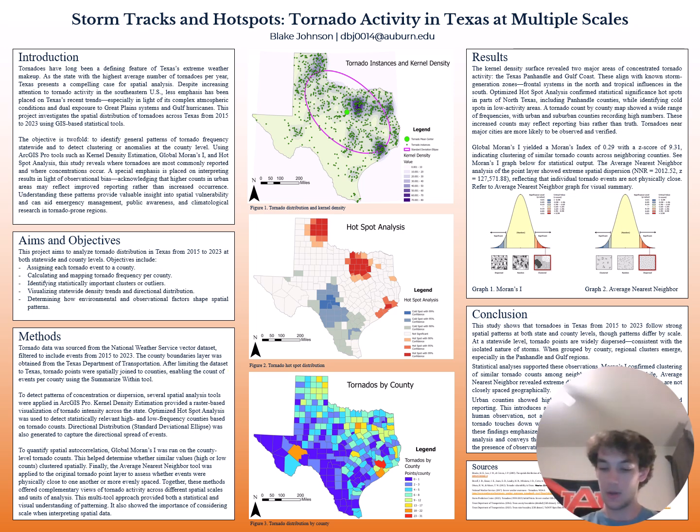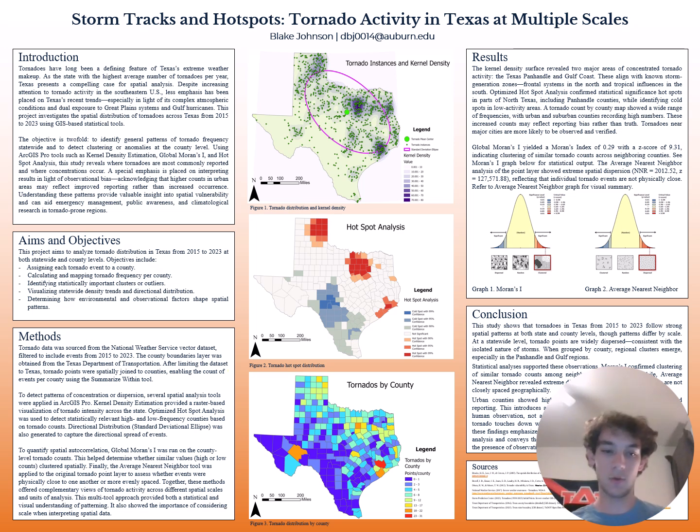My goal is to get a sense of how clustered or dispersed the tornadic events in the state are, assigning every tornadic event to a county, and also doing general analysis through some stats methods I'll talk about later about where the tornadoes are and how clustered or dispersed they are.